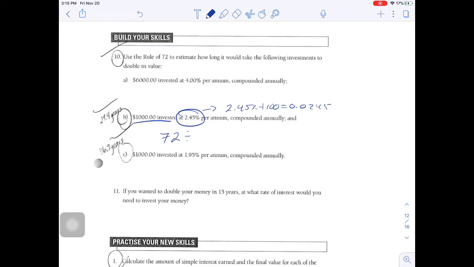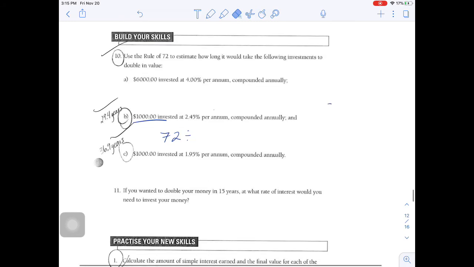Oh, sorry, never mind. That's the weird part about this equation. You actually take literally the percent. You don't need to change the percentage. And that's like the only time you never ever do it. So I'm actually going to just leave it as a percent. Okay, and here you will get 29.4.